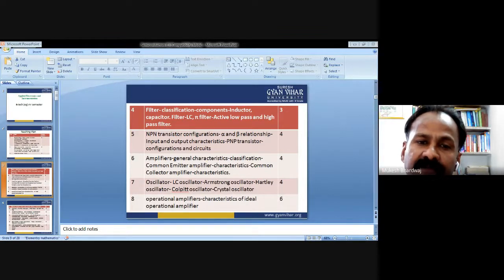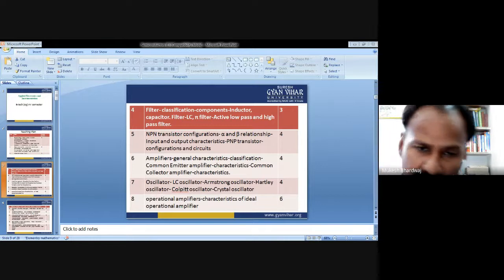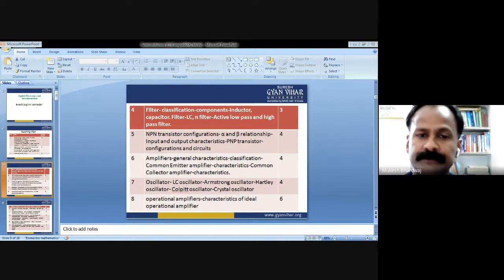And the filter, which means that in the process of filtration, various types of arrangements of the circuits can be made by using three more components, that is inductor, capacitance and resistors. Some of the important filters are the LC type filter, pi filter, active low pass and high pass filter, band pass filter, and so many filters are there, depending upon the different use.